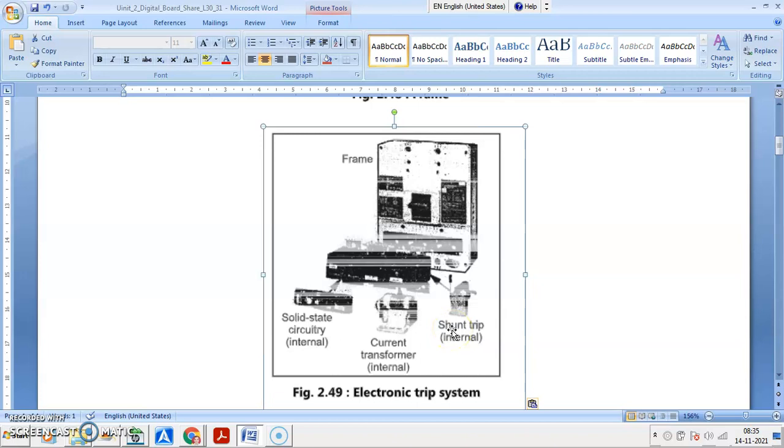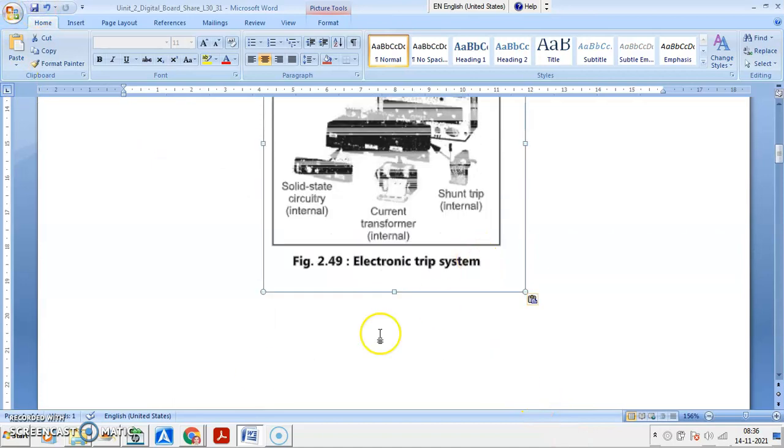So when a tripping signal is received from the electronic circuitry, or when a fault is there, the effect of the permanent magnet is counteracted by the tripping pulse, allowing mechanical tripping, that is actually the opening or closing operation of the circuit breaker. So you may have a manually operated or electronic trip system provided with MCCB. Any doubt?